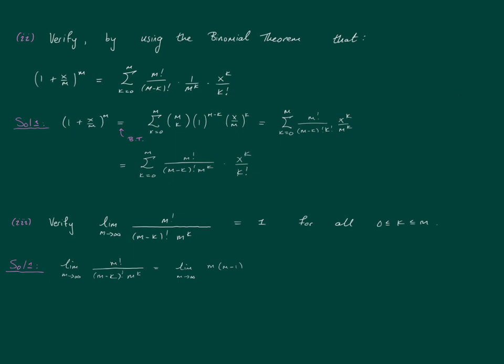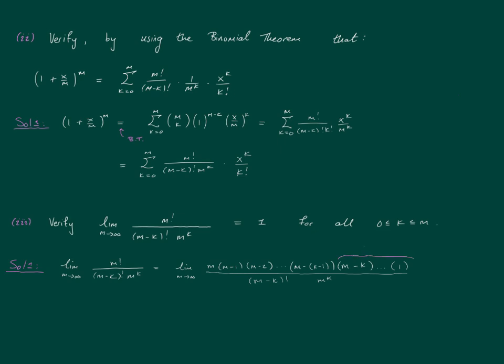That'll be m times m minus 1 times dot dot dot times m minus k plus 1 times m minus k, assuming again that k is less than or equal to m, dot dot dot 1, all divided by m minus k factorial. Now remember, if k is equal to m, then this is just 0 factorial, so we're fine, because 0 factorial is 1.